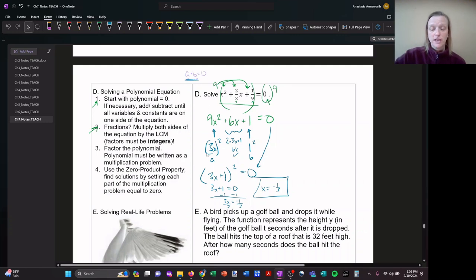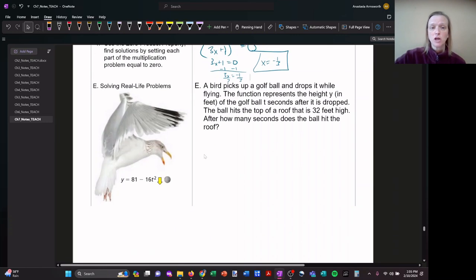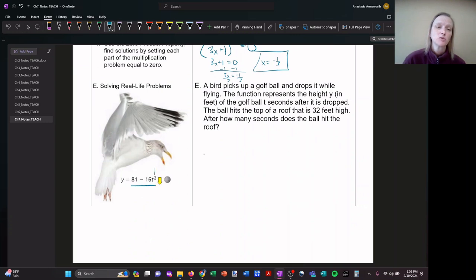Let's look at a real world example. We've talked before about how these types of polynomials with a square term on them are excellent for modeling free fall examples. And here we have a free fall example where a bird has picked something up and is now dropping it from a height.